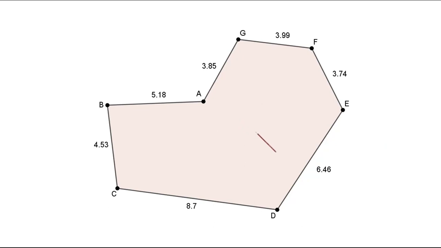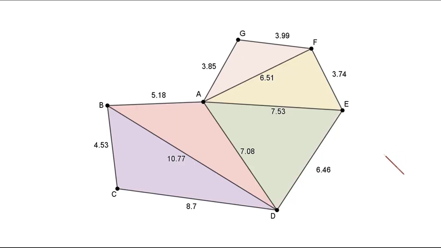But you can divide this piece of land into small triangles, either by joining BD or AC or AE, AF and so on. So you can divide this piece of land into many small triangles like this, and you should be able to measure the length of the side of each triangle. So it turns out to be 10.77, 7.08 meters, etc.